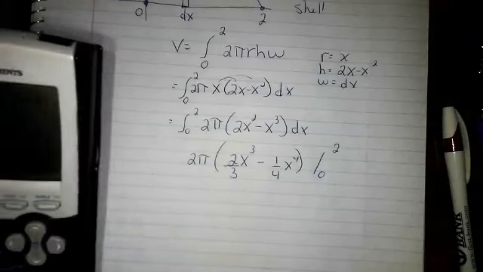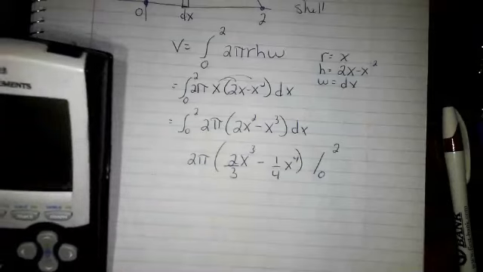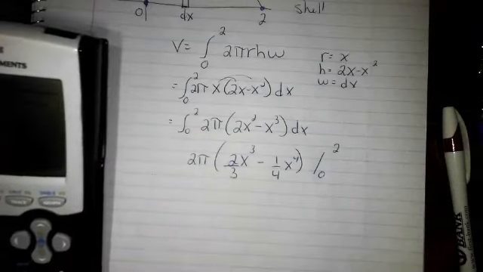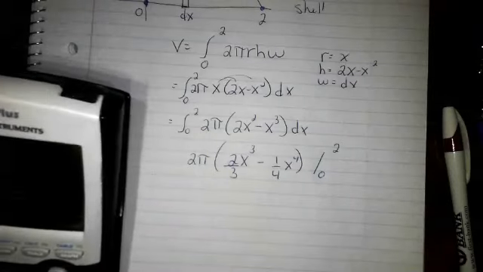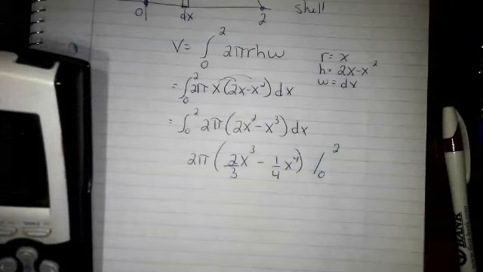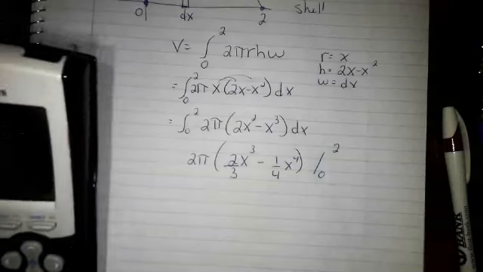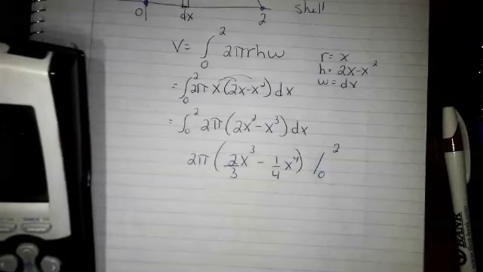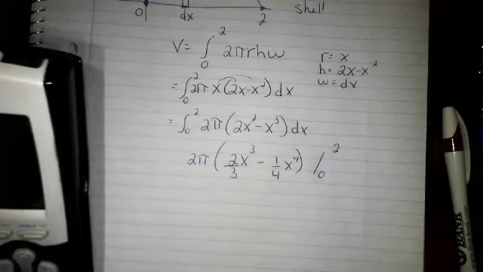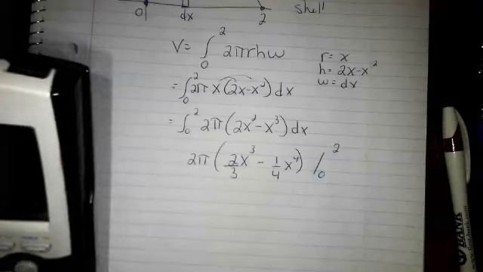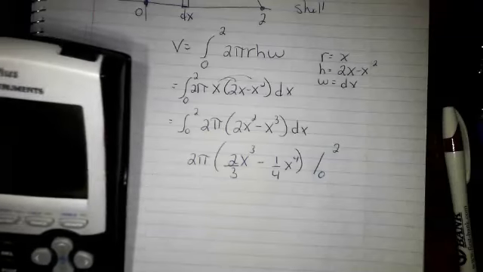So 2 pi, 2/3 x cubed minus, I'll go 0.25 x to the 4th and look at 2.